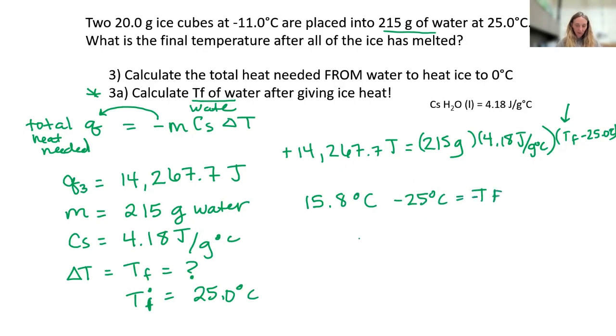Okay, so hopefully I did my math right in that case. So 15.8 minus 25 is a negative 9.12 degrees Celsius, and that is going to be our final temperature.